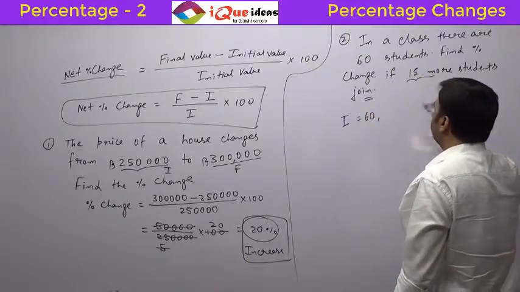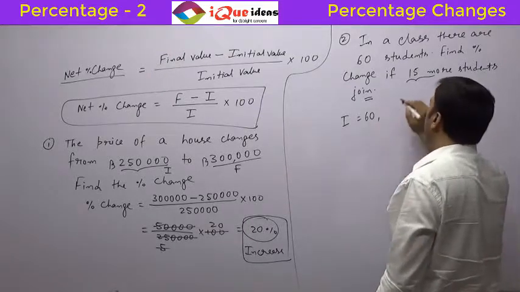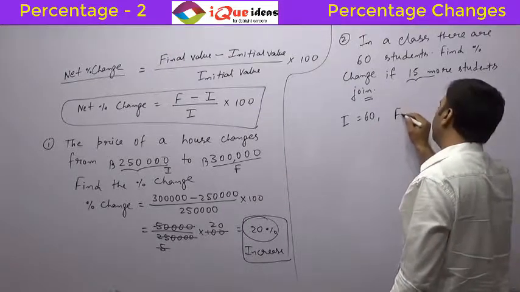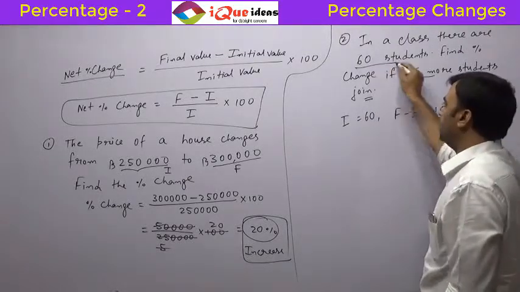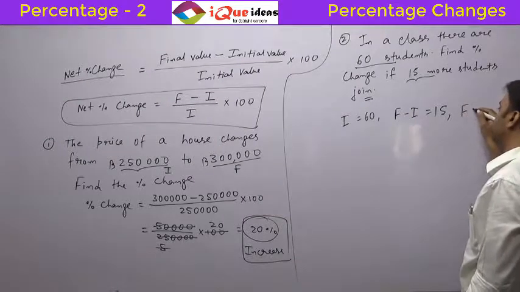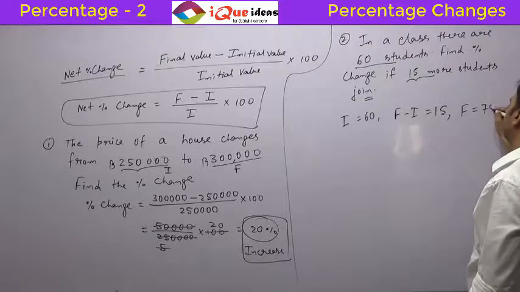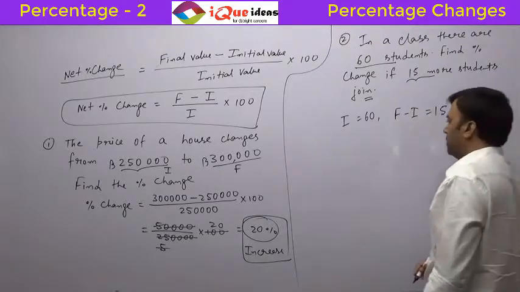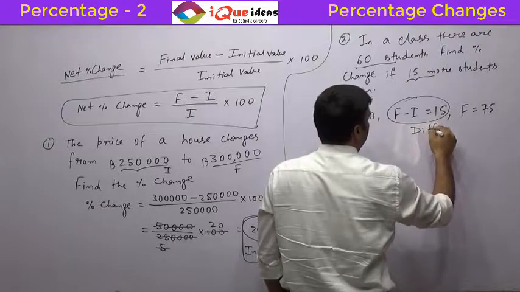It's already given that 15 more students join. So though the final value is not given, the difference value, that is final minus initial, is already given as 15. So 60 were already there, 15 more students join. If necessary, you can find the final number of students: final would be 60 plus 15, that is 75. So this F minus I, 15, is the difference value which is already given.